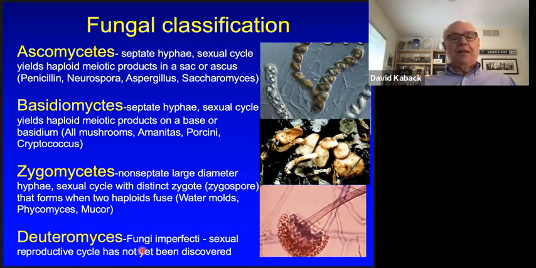Okay, and finally, we have this unclassified branch of fungi called Deuteromycetes, or fungi imperfecti. And we just haven't discovered a sexual cycle yet. Maybe it exists, maybe it doesn't exist, but we just don't know of any. We haven't followed it around.